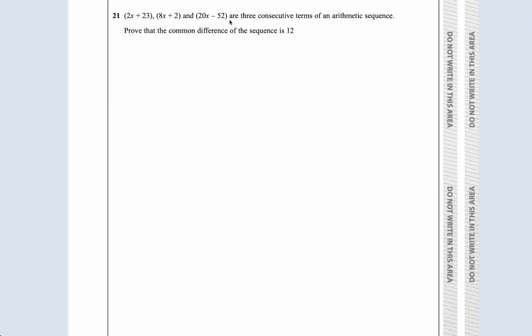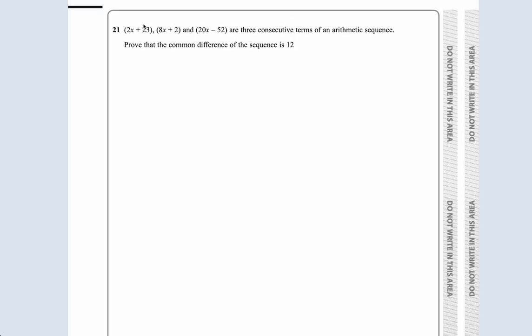So these are 3 consecutive terms of an arithmetic sequence. Arithmetic means we can add the same number to get from this to this. Plus d, the common difference, plus d, the common difference. That means the difference between this and this is the same as the difference between this and this.